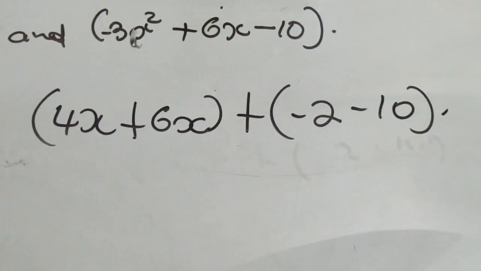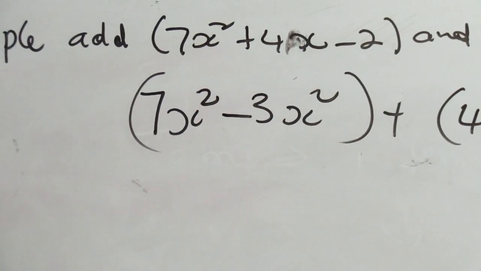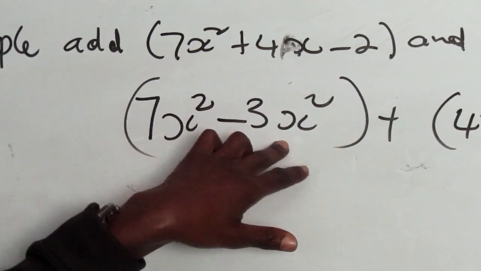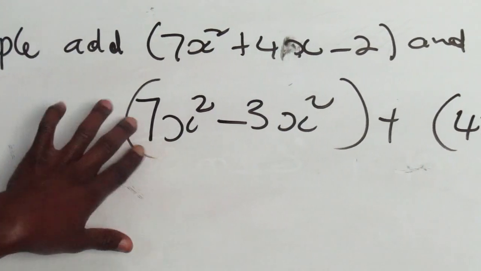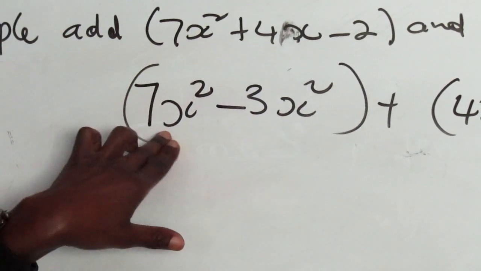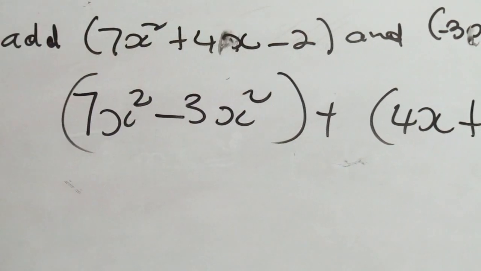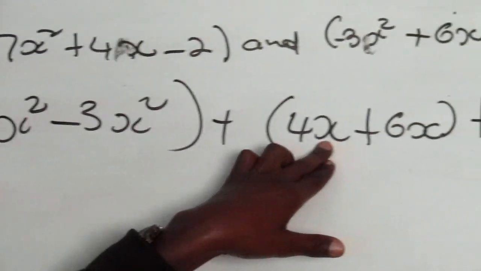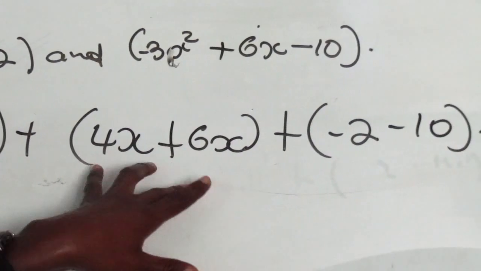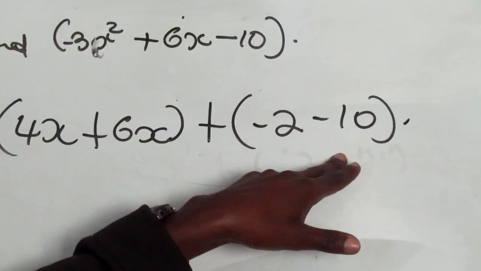So what I've done here is that I have collected the like terms. Which are the like terms? When you look at x squared and x squared, these are like terms, regardless of the coefficients. So we group them together, and when we have x here and x here, these are also like terms, as well as negative 2 and negative 10.